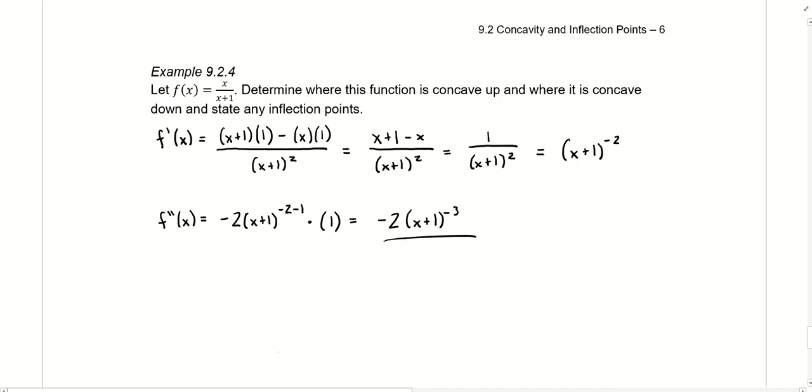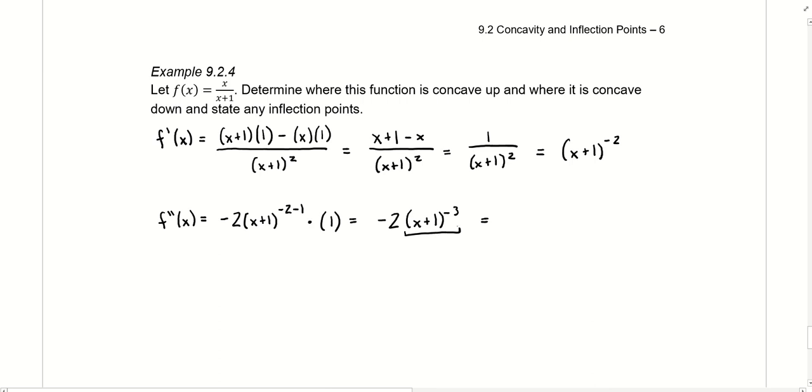Now I'm going to need to do some stuff with this. This looks relatively simple as it is, but in terms of finding where this thing is going to be equal to 0 or where it's undefined, I think it's easier to look at it as a fraction. So with taking derivatives, I like to get rid of the fraction. With working with the second derivative, I want to put it back in a fraction because I think it's a little bit easier to see what values make it undefined or what values might make it equal to 0 in a fraction form.